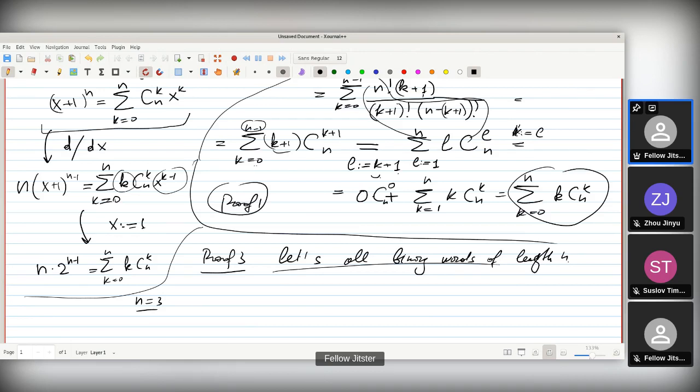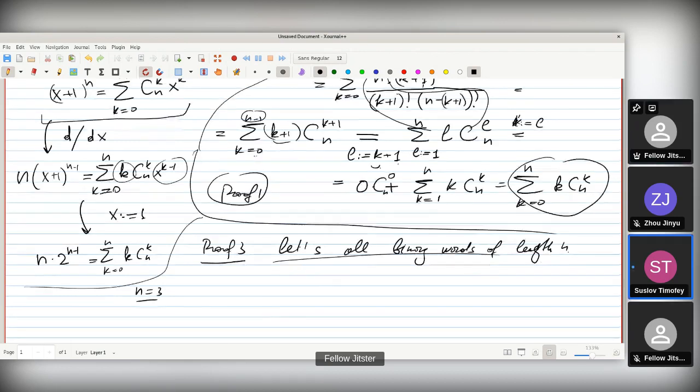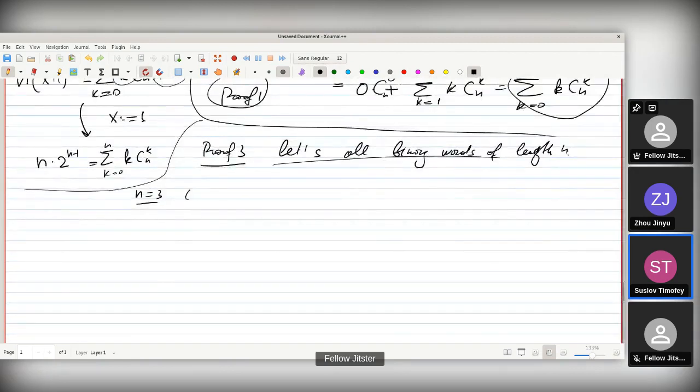Ladies and gentlemen, please name all the binary words of length 3. 0, 0, 0. Is it of length 3? What other words do you have? 0, 0, 1, 0, 1, 0, 1, 0, 0.